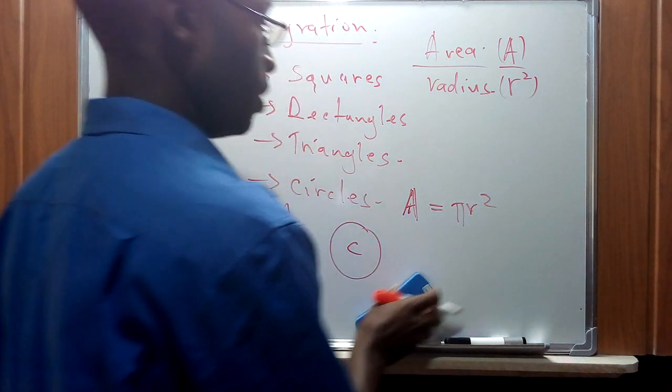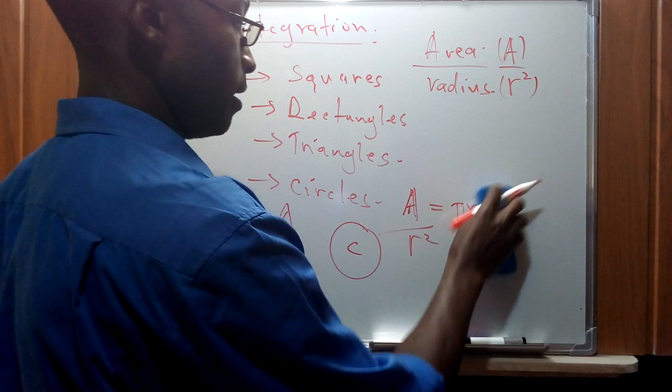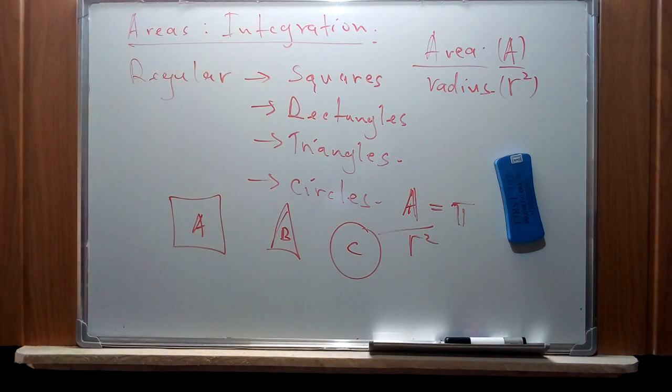So the ratio between area and the square of the radius gives us a constant, which we normally call pi. This concept was important in assisting them, but it was only successful in limited cases, so they had to find a new way of figuring out areas of curved surfaces.